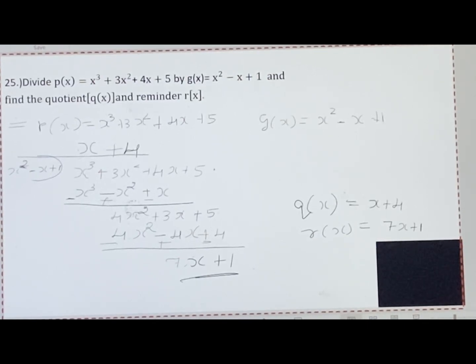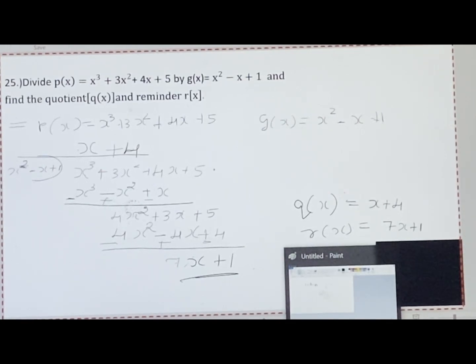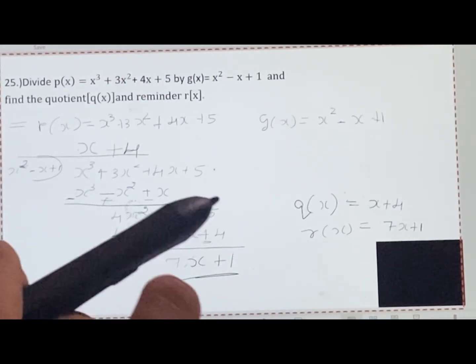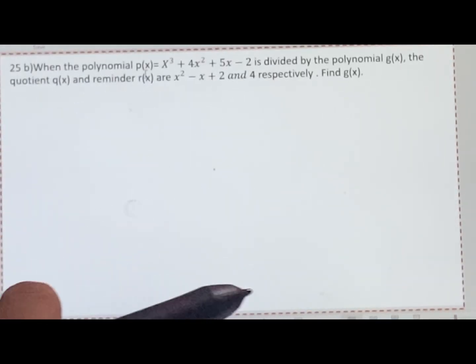Okay, this is the 25th question. So either we can solve 25th A question, that is this one, or 25th B question. So we have the 25th B question. So moving on to the 25th B question.